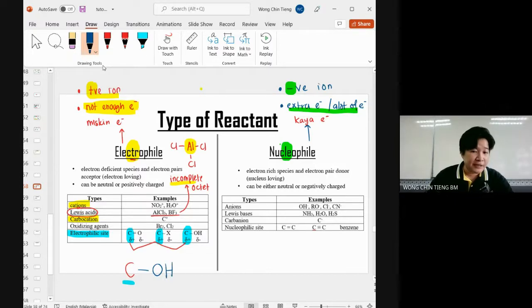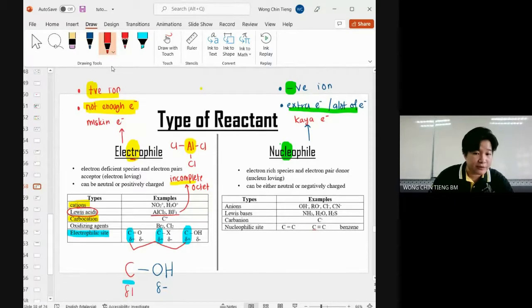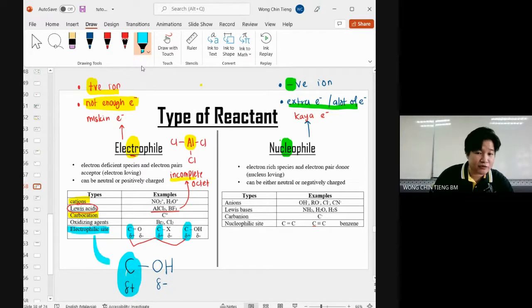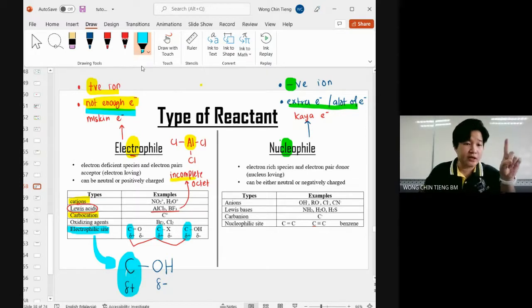Why? Because oxygen is partially negative. Because the oxygen is partially negative, that causes my carbon to become partially positive. And that partially positive creates an area, the electrophilic site. See? An area lacking electrons, an area without enough electrons. Realize that? With one condition: it must have the right partner.